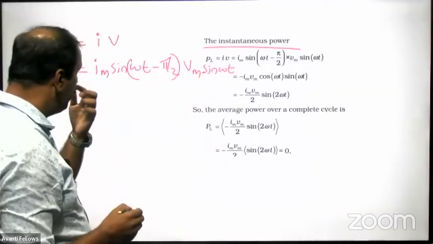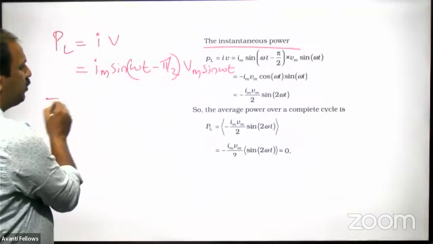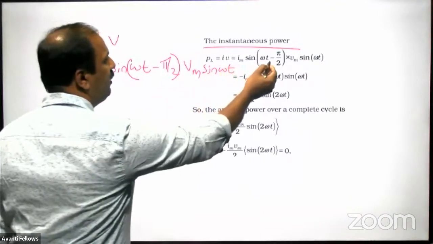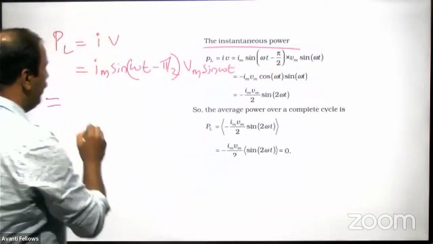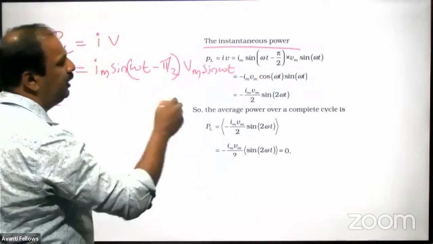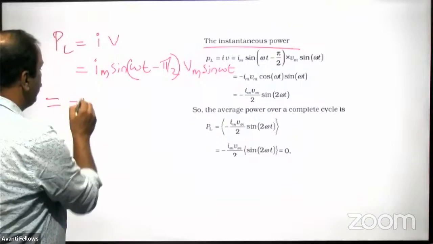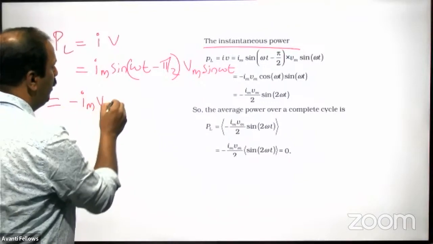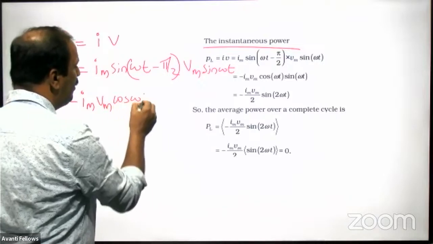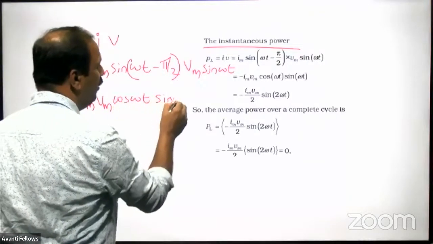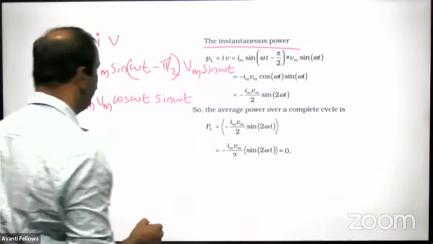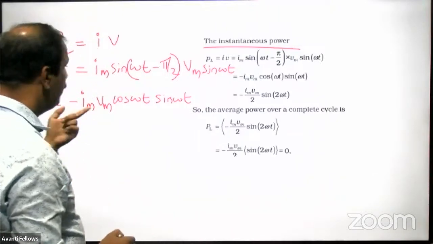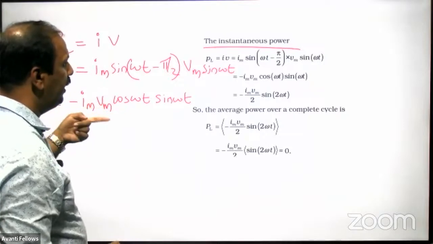Now, when you take this, Im sine (omega t minus pi by 2) can be taken as minus Im cos omega t. So it is minus Im into Vm cos omega t into sine omega t. Now this one we can again simplify.